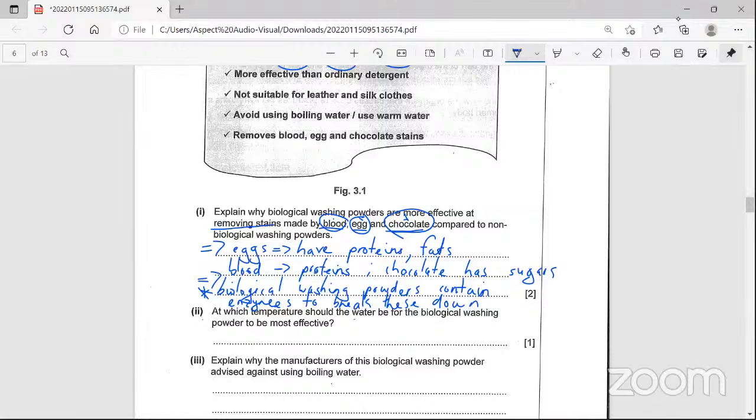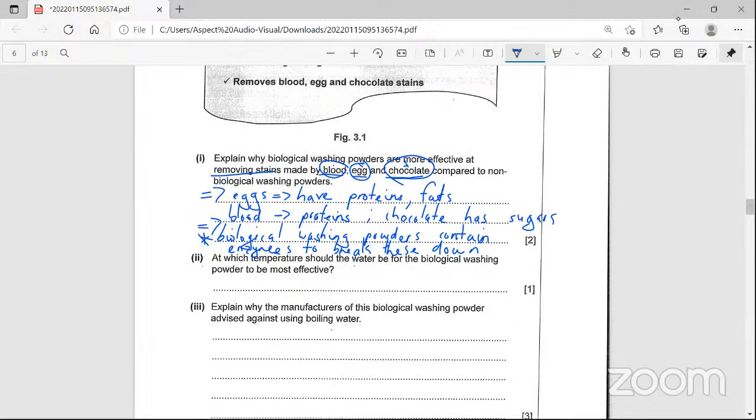This is how I would answer, because I want to explain that the eggs have the proteins, your blood has the proteins, your chocolate has the sugars, and then the enzymes will break down these things. It's still correct. Right, now they ask you at which temperature should the water be for the biological washing powder to be most effective?